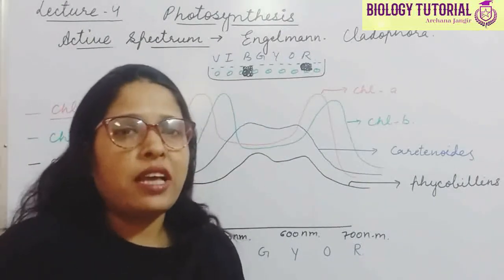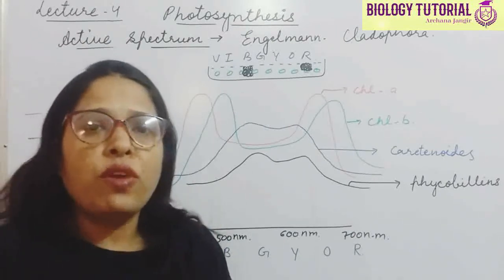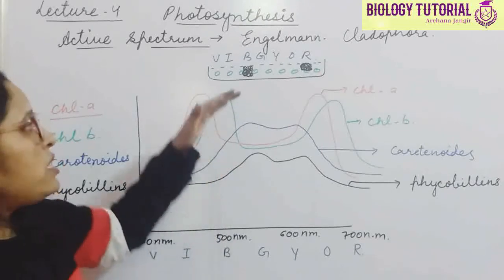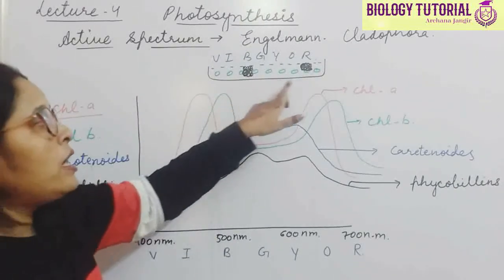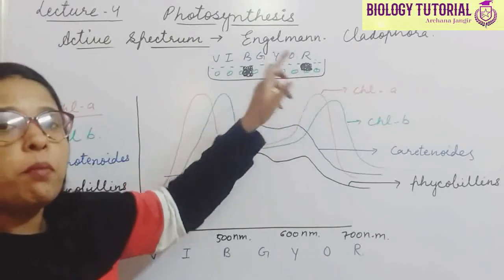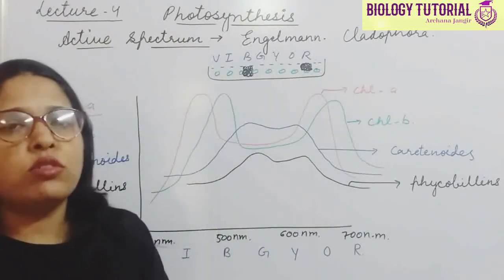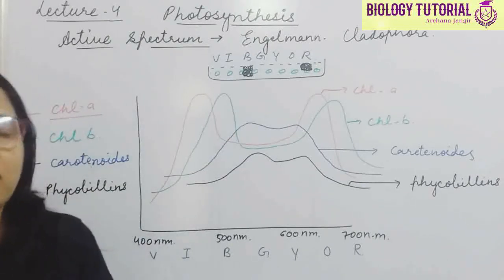These bubbles are maximum at the place where the maximum photosynthesis takes place. So from this experiment we can conclude that at blue light and red light maximum absorption takes place. Clear? So the plant is going to absorb the blue and red colored light.